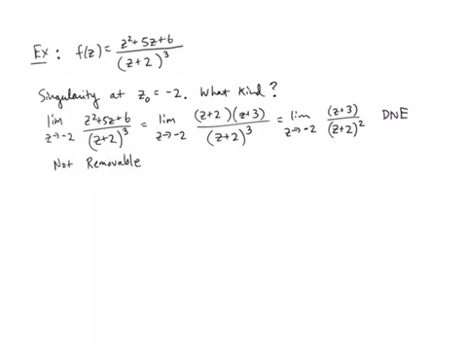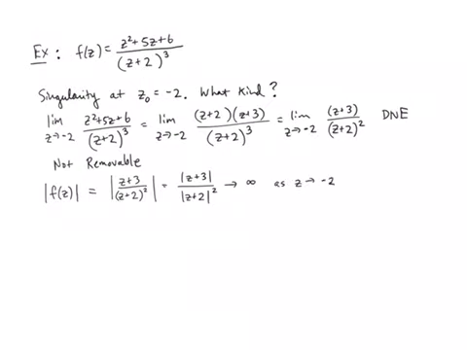And this same computation, right? If we look at the absolute value of our f of z, we see that this is the absolute value of z plus 3 over z plus 2 squared, and that goes to infinity as z goes to negative 2, because the numerator is just going to 1.